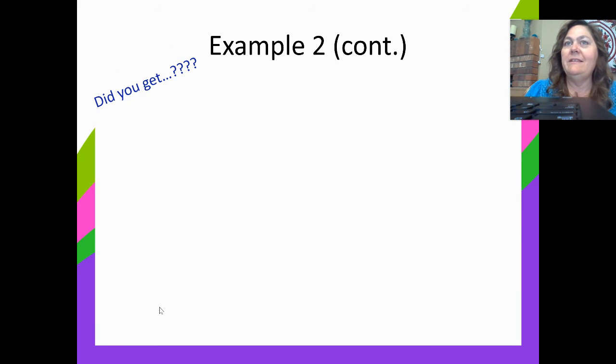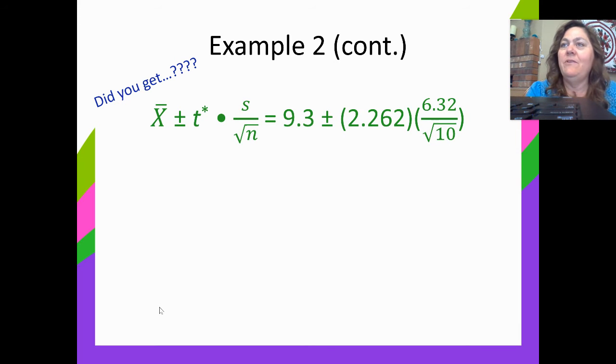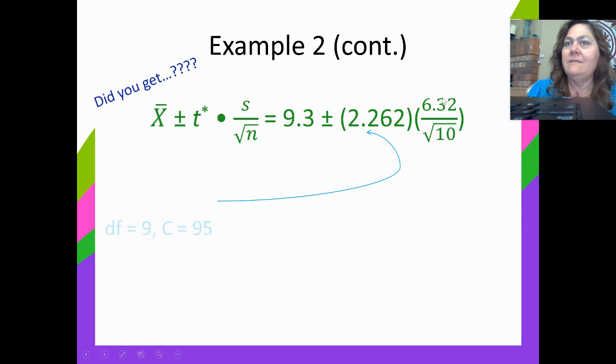All right. Let's see here. Did you get? If you plugged in the formula, this is how it should have been plugged in. There's our X bar after getting 1-var stats run on your calculator. Here's your T star. There were 10 items. Is that right? So DF of 9. And then here's your standard deviation of the data set. Yeah, there we go.